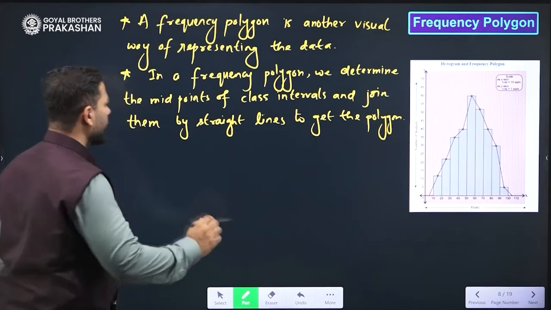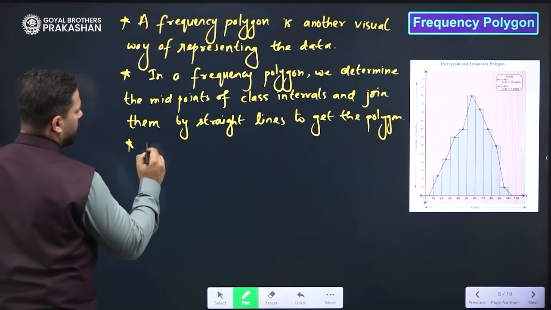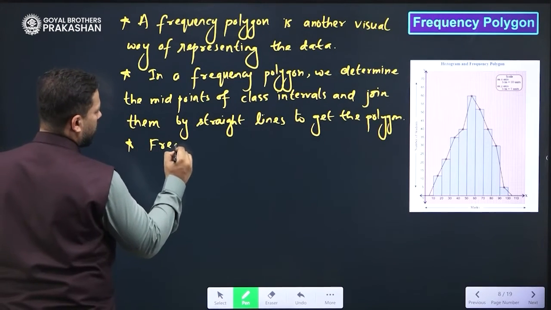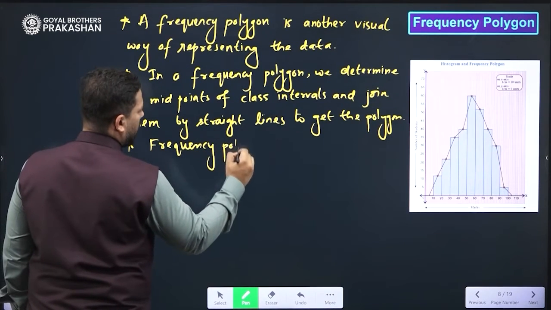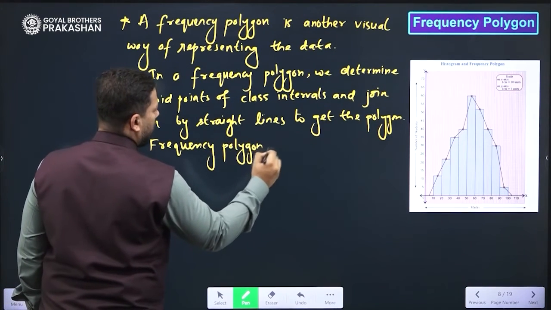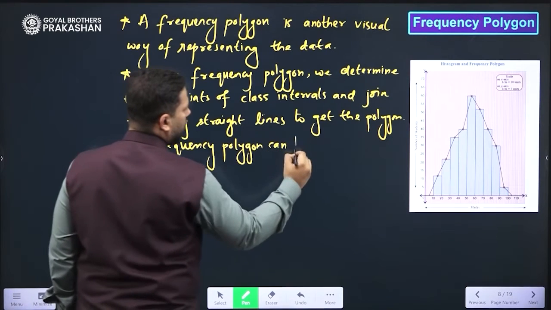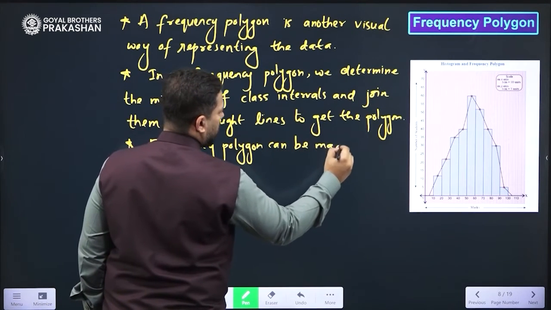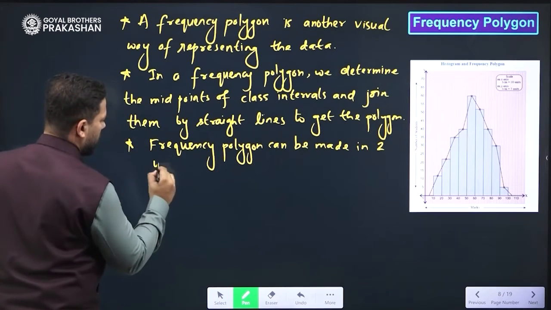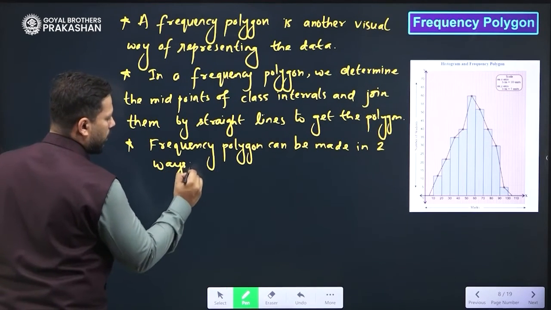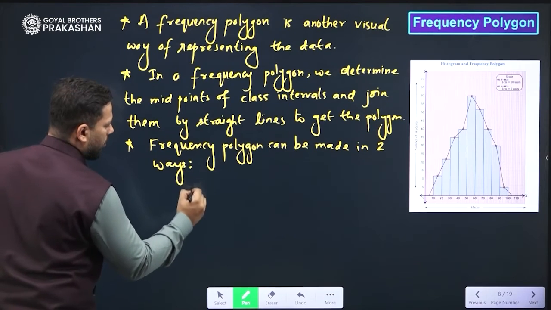We can have two ways of making the frequency polygon. Frequency polygon can be made in two ways. What are those two ways?